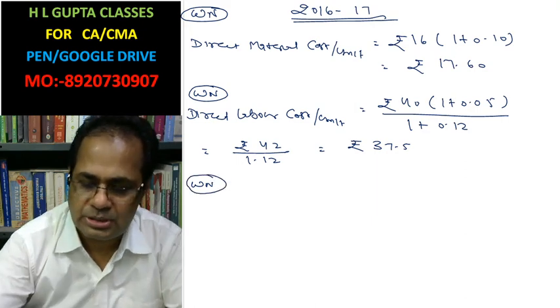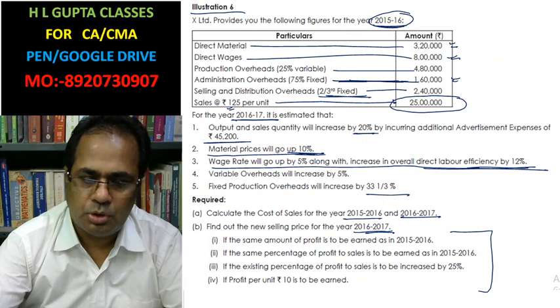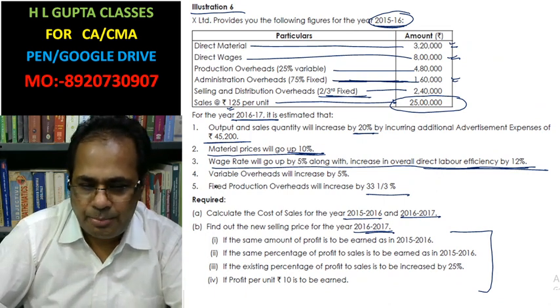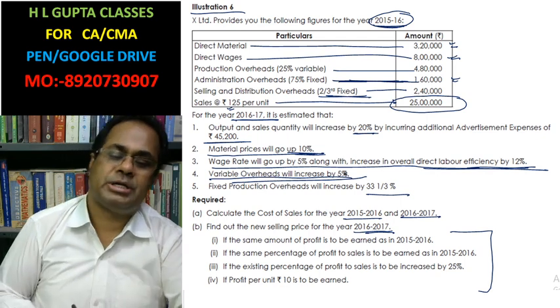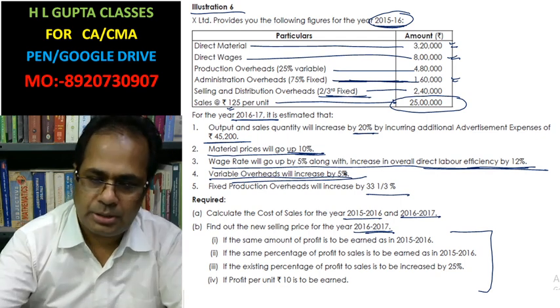Now working note. Again some information is given here. Look, variable overheads will increase by 5%. All variable overheads increase by 5%.